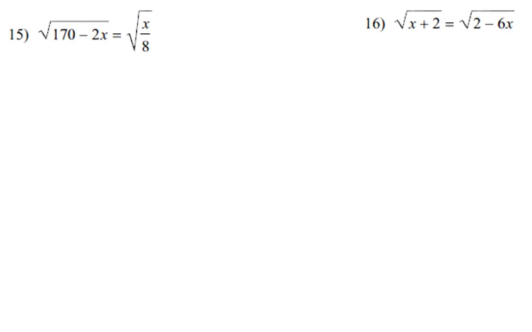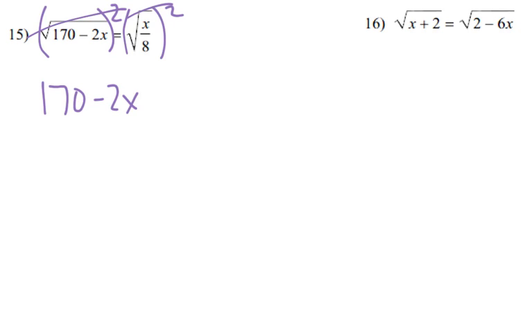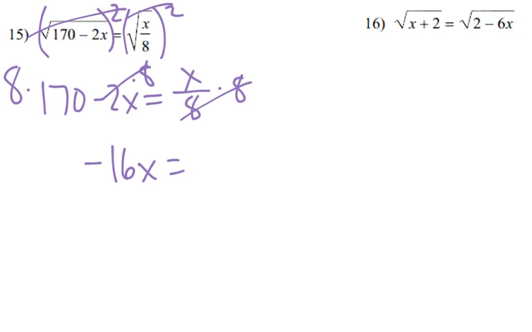Okay, then moving right along. This time we have two radicals, but they're both by themselves, so we just square everything. That gets rid of our radicals, so I've got 170 minus 2x equals x over 8. I would just multiply everything by 8. That would give us negative 16x equals, those cancel, x, and then whatever 8 times 170 is.